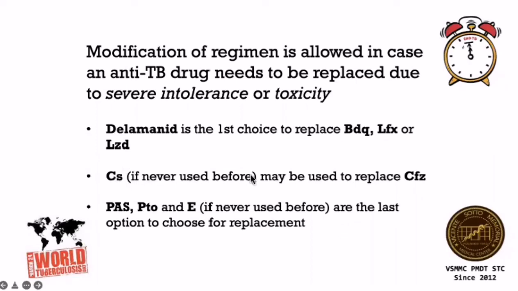Cycloserine, if never used before, may be used to replace clofazimine. And PAS, prothionamide, and ethionamide are the last option to choose for replacement. So this is true for our SLOR FQS regimen.